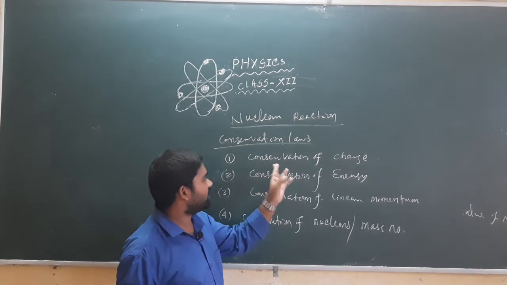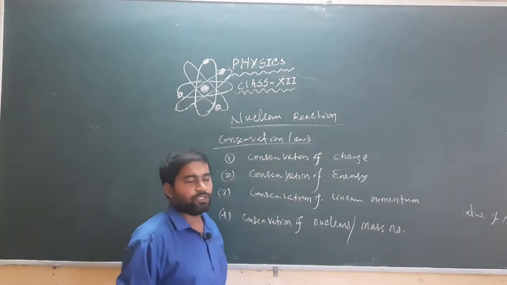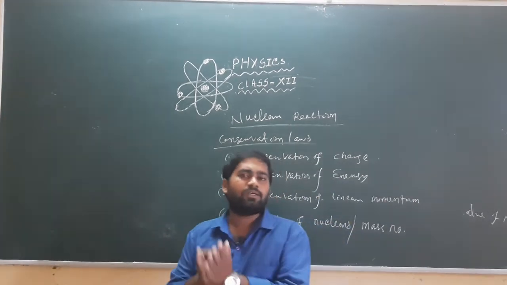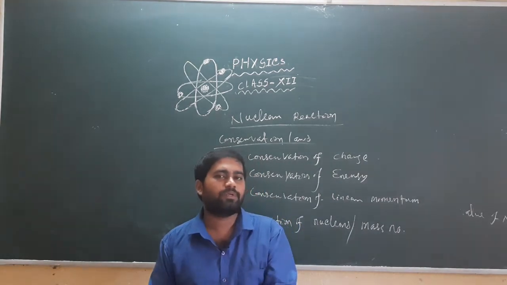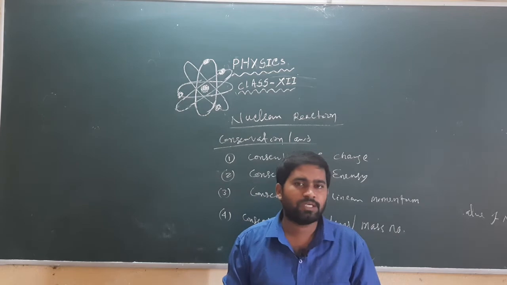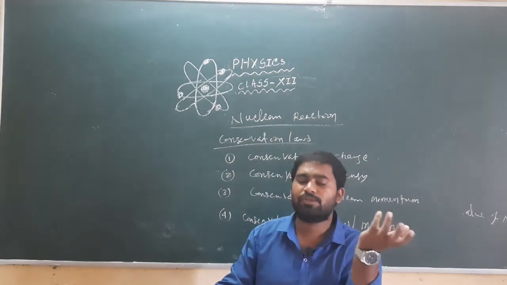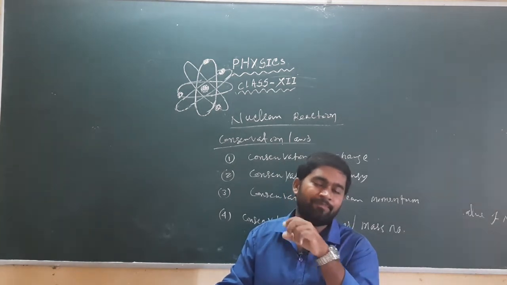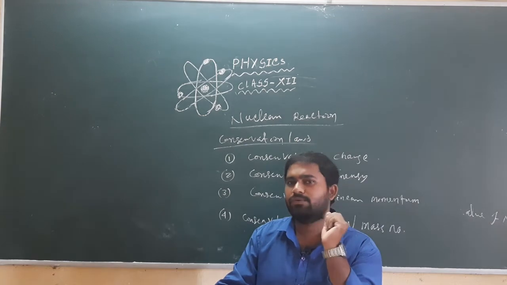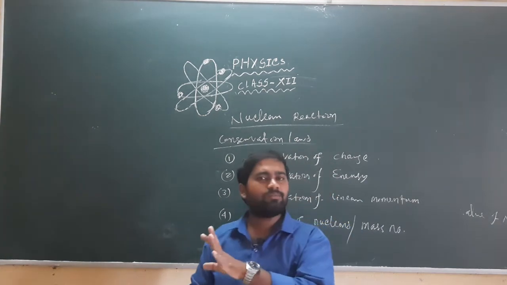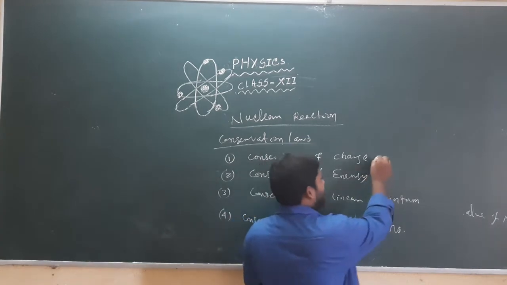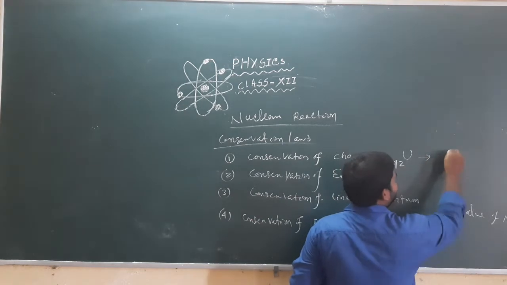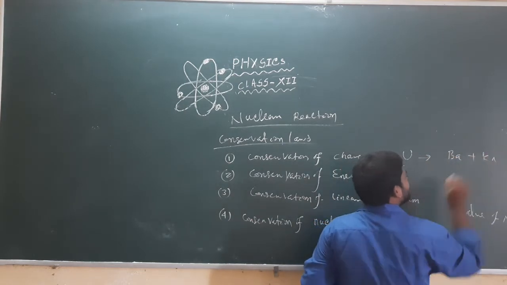As per conservation of charge, the total charge before the nuclear reaction and the total charge after the nuclear reaction must be constant. We can take a simple example like the uranium nucleus. U92 disintegrates into barium plus krypton.